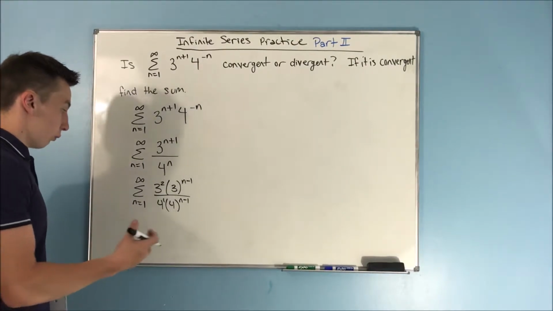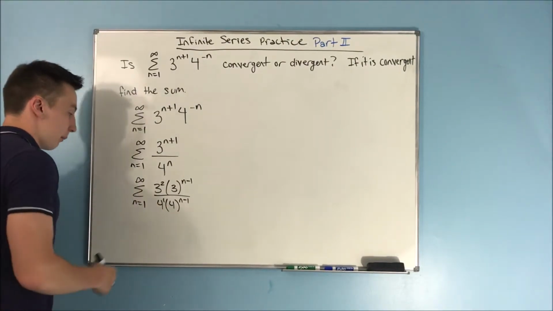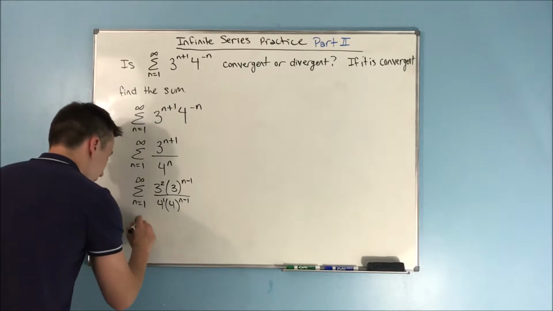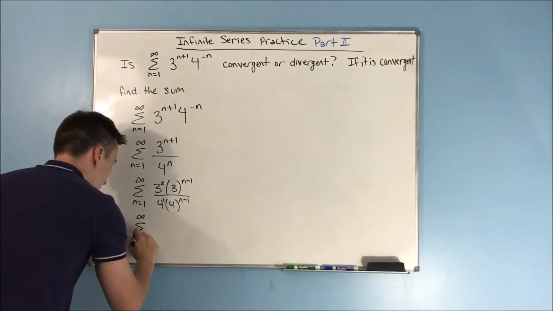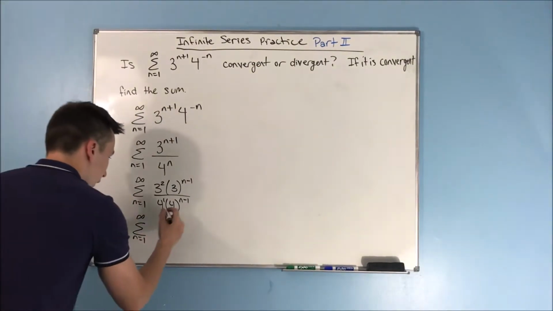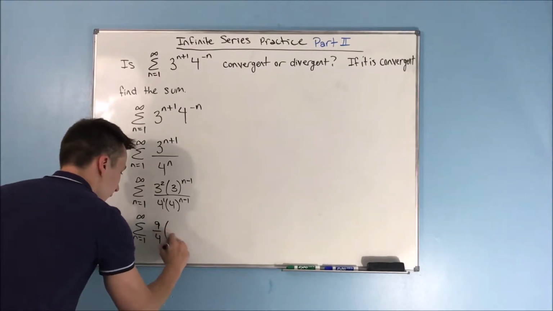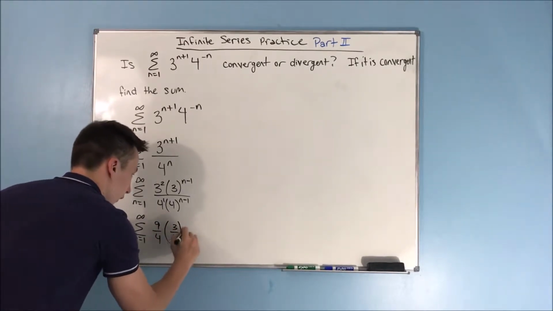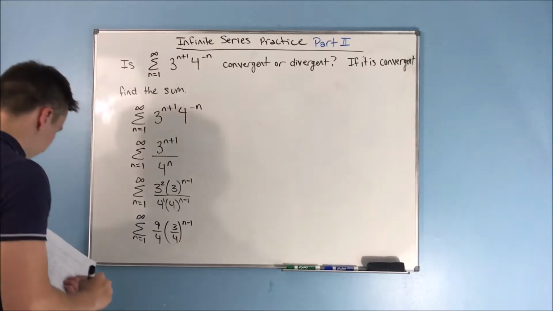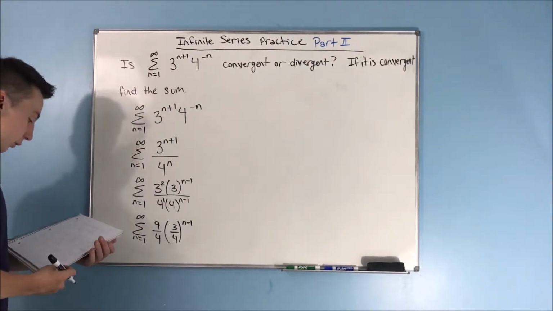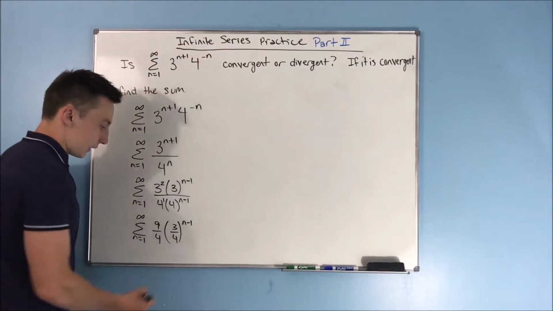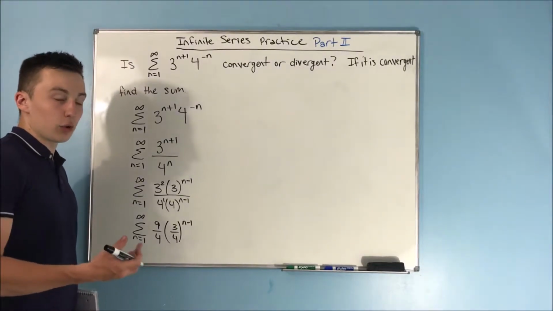Now all we have to do is make this a little prettier. We get the sum from n equals 1 to infinity of 9 over 4 times 3 over 4 to the n minus 1.